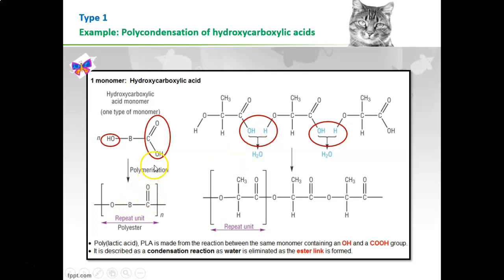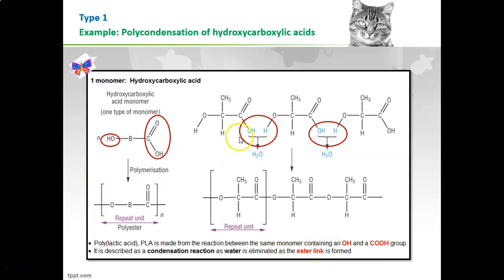And when it undergoes the polymerization process, polylactic acid, PLA, is made from the reaction between the same monomer containing an OH and COOH group. It is described as a condensation reaction as water is eliminated as the ester link is formed.